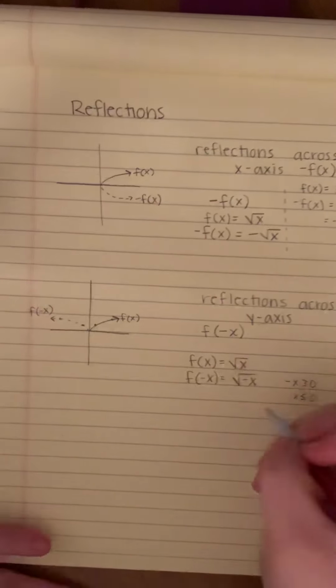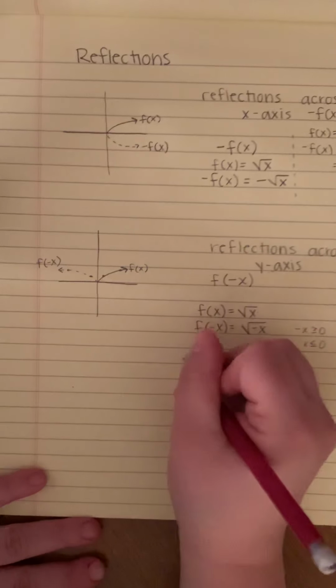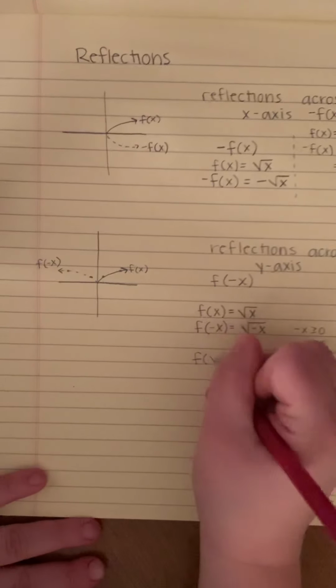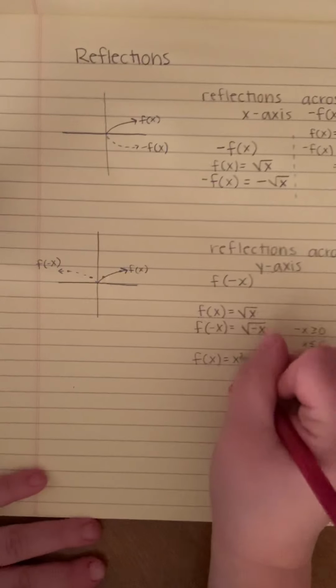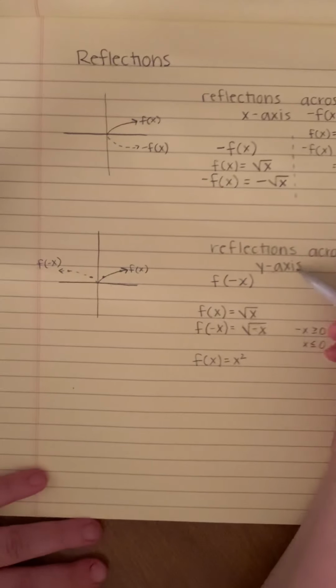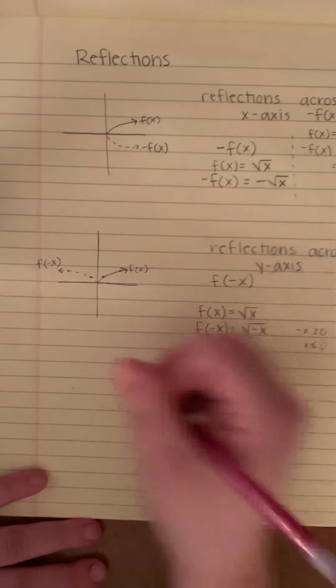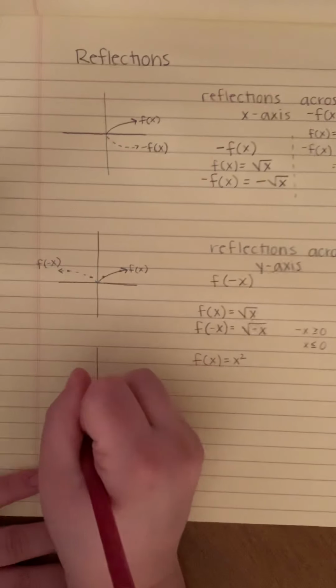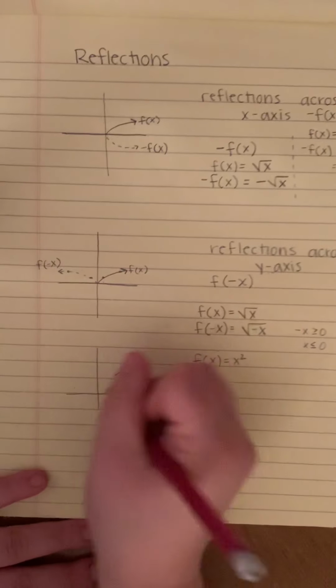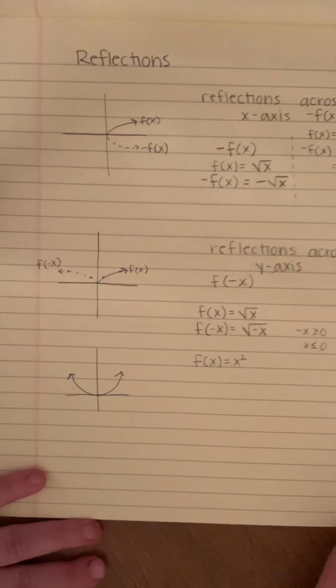Okay, now again, the reason why I didn't use f of x equals x squared here is because if I was going to graph this, here's my original parent function.